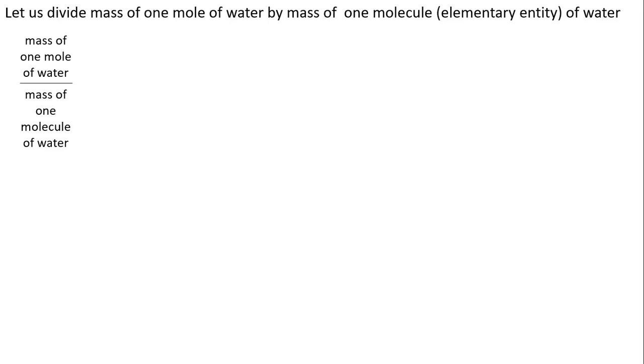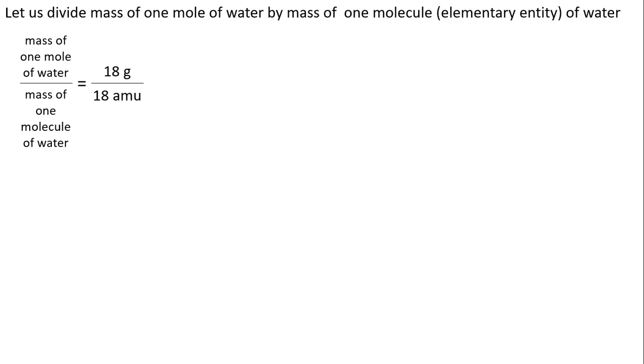The substance we have taken here is water. How much will be the weight of 1 mole of water? It's going to be 18 grams. And what will be the mass of 1 molecule of water? It's going to be 18 amu.